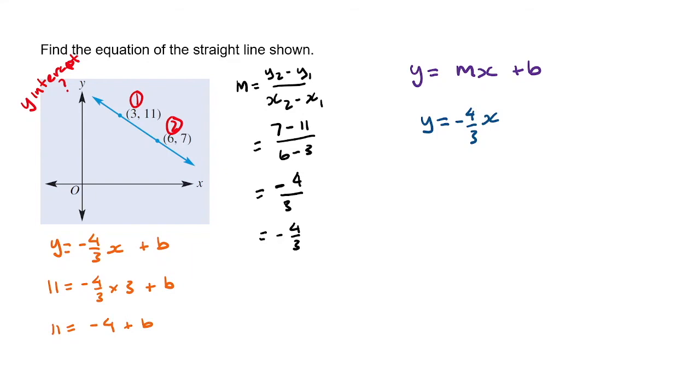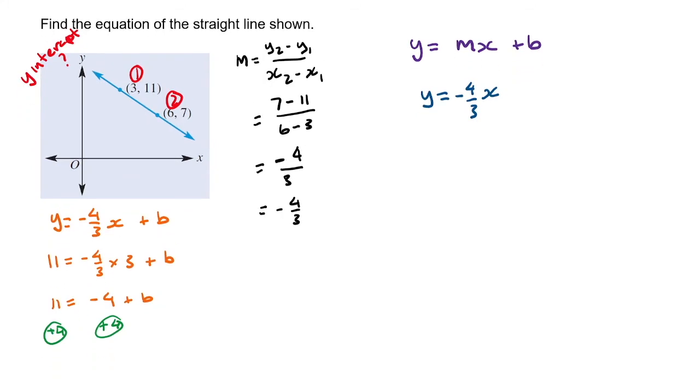Okay, we're going to do our opposite operations, so it's going to add 4 to both sides. And that's going to get me b, and then 11 plus 4 is 15. That is our plus b part for our equation.